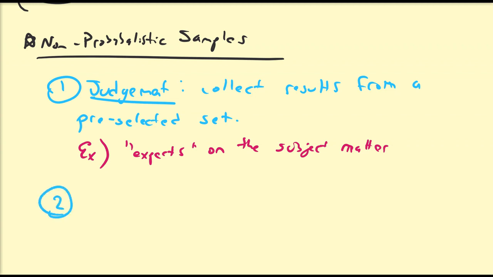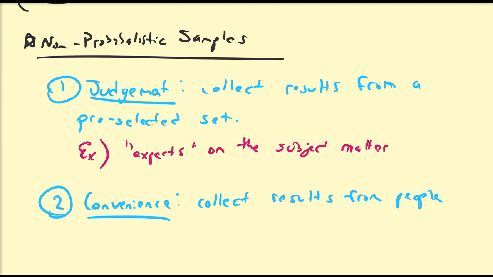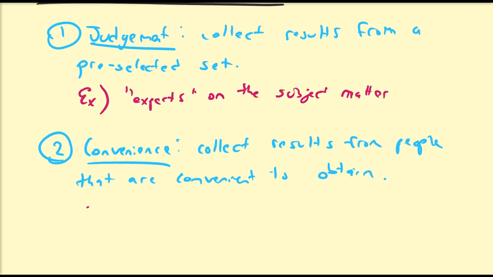Another type of non-probabilistic sample that people often use is convenience-based samples. So we collect results from people or things that are convenient to obtain. Right? So some basic examples of convenient samples: you might want to survey things in a non-expensive way.